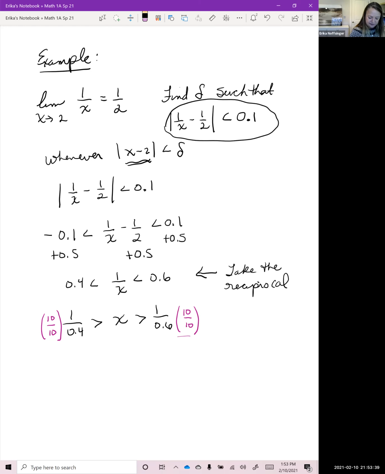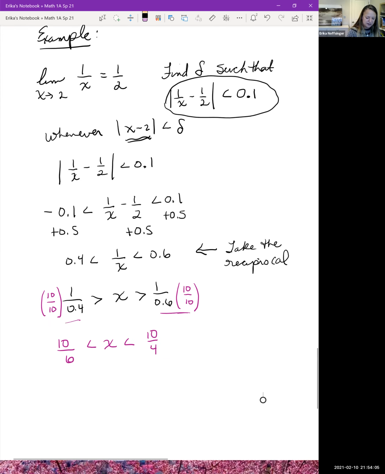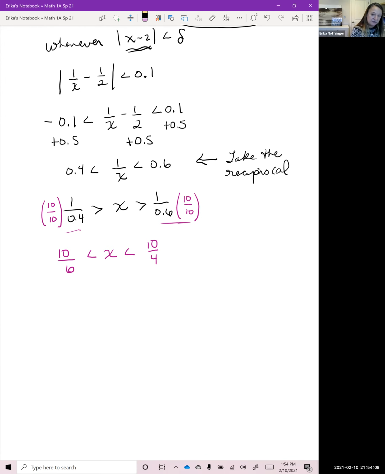And I'm going to flip my inequality. So if I do that, this would give me 10 over 6 is less than x, which is less than, multiplying 1 over 0.4 by 10 over 10, we get 10 over 4. Let's simplify that a little bit. So I have 10/6, they both are divisible by 2, so this is 5/3 is less than x is less than 10/4, they both are divisible by 2, so 5/2.